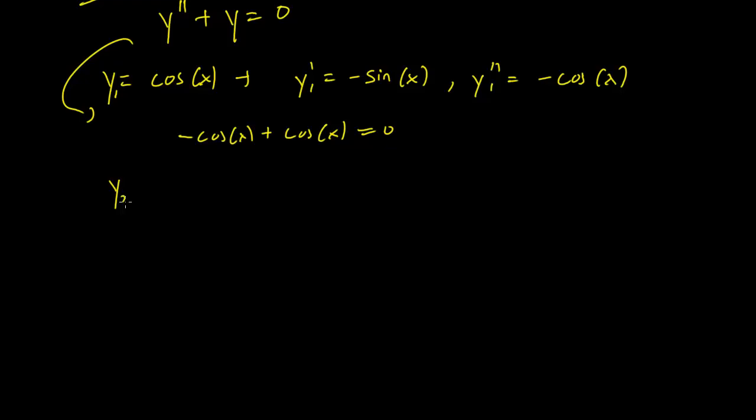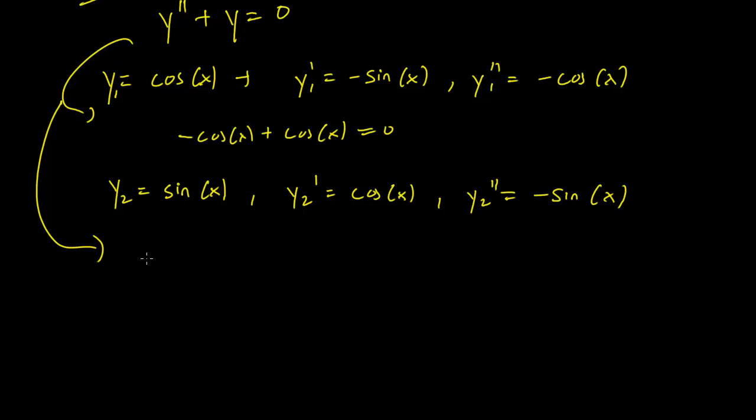So let's try another solution, y2 equals sine x, and this gets us y2 prime equals cosine x, and y2 double prime equals minus sine x, and again, this gets us minus sine x plus sine x equals 0. So y1 and y2 are both solutions.